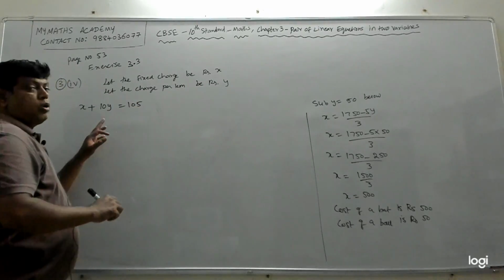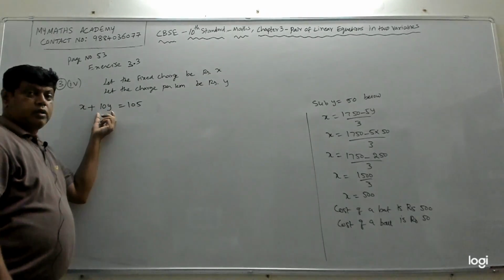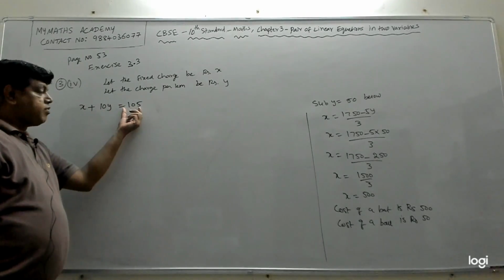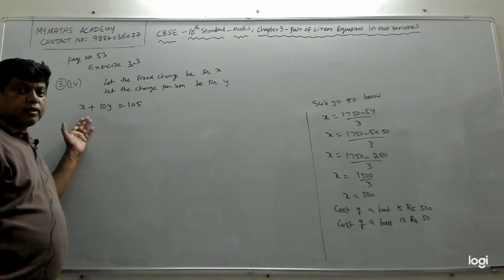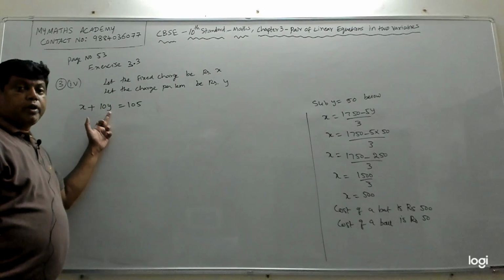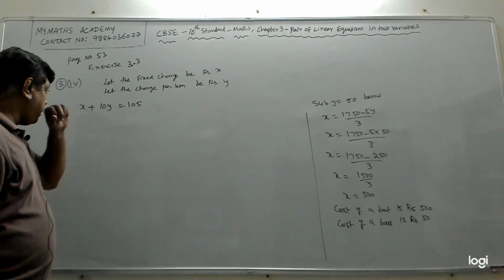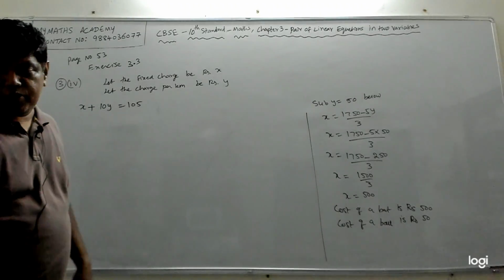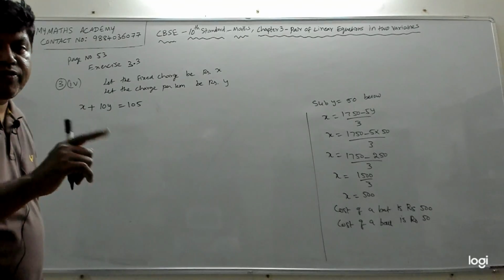So a person who is traveling 10 kilometers has paid 105 rupees, which means he has paid some fixed charge plus Y rupees for every kilometer. So for 10 kilometers, 10Y. Now second, if the journey is for 15 kilometers, then the charge is 155 rupees.